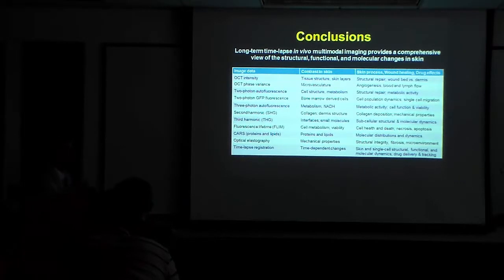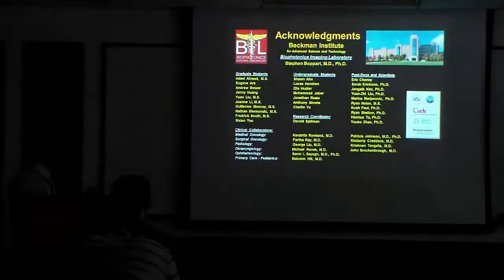But in the application of imaging skin, they give us a wealth of different contrast of the collagen, the metabolism, the structures, the function, the physiology. And this can all be used to look at these processes occurring in the skin. Not only skin, but anywhere we can get light, in vivo or in surgery with exposed tissue, we have a wealth of tools that we can use.